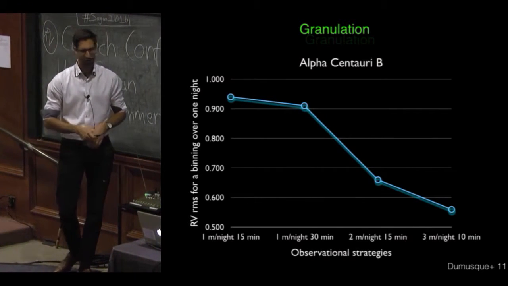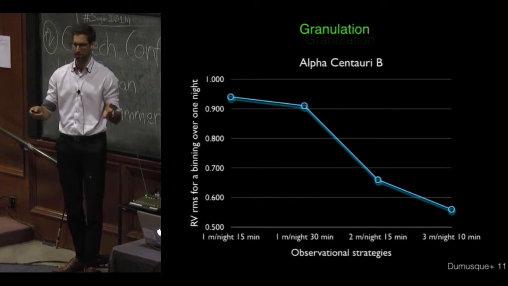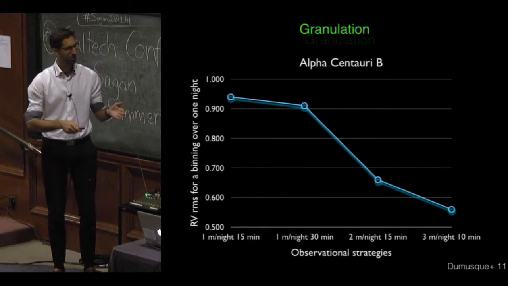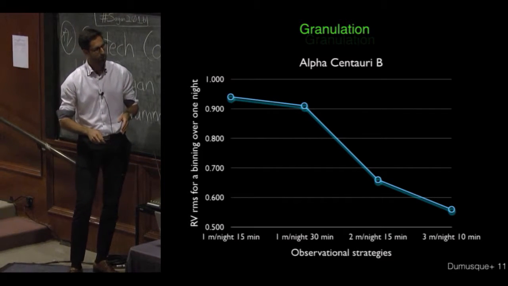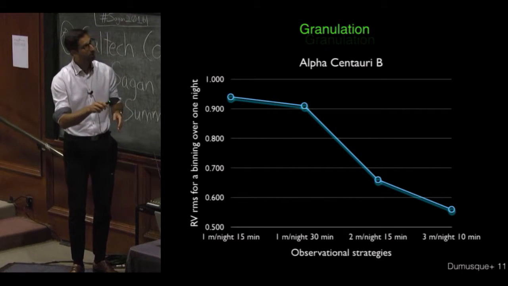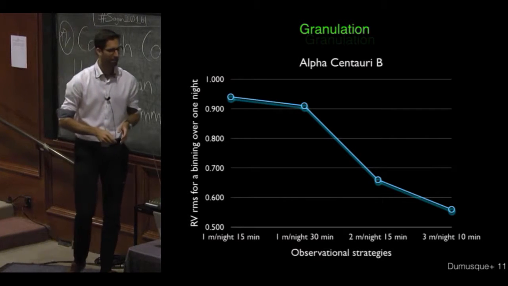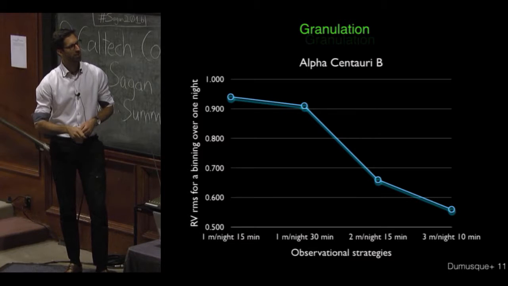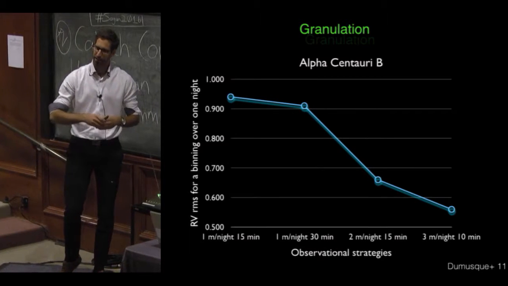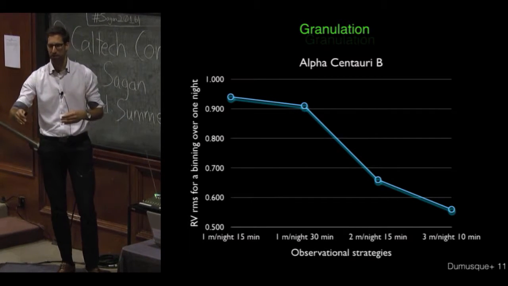First of all, we tried one measurement per night, 15 minutes. I told you before that we use 15 minutes to mitigate the effect of oscillation. So basically all that you see here is mainly the effect due to granulation. Now let's try one measurement per night, but increase our exposure time to half an hour.